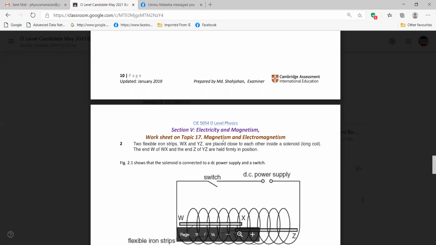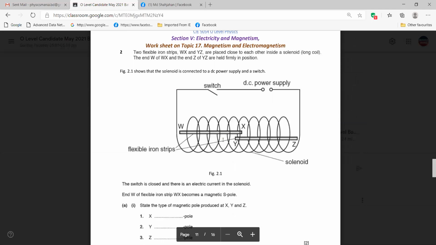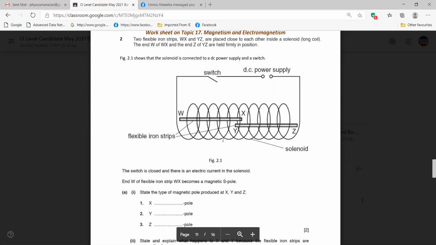Yes, sir. Now two questions you can do. Two, I don't know anything about. Two you can do now. They are giving you some information that the switch is closed and there is an electric current in the solenoid.